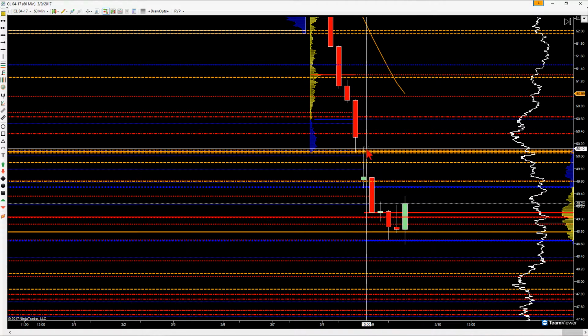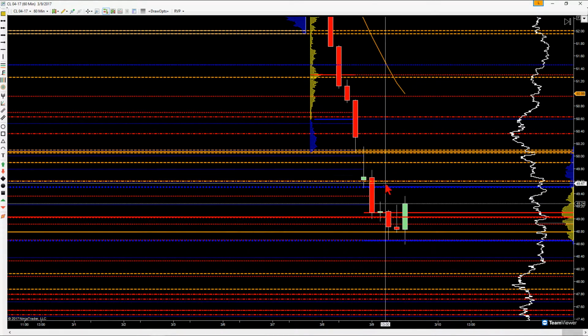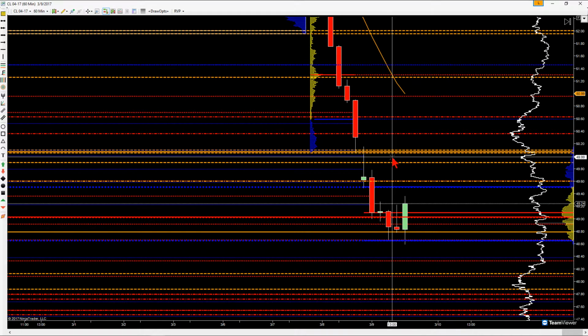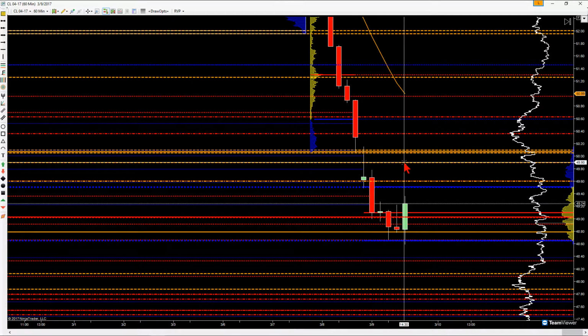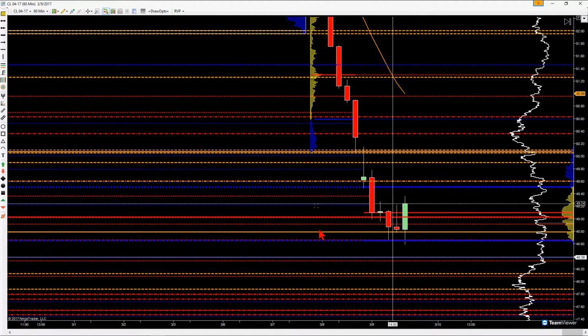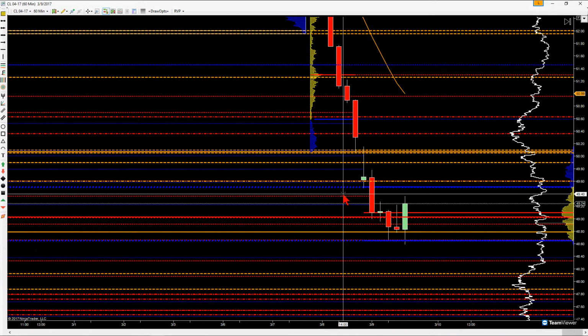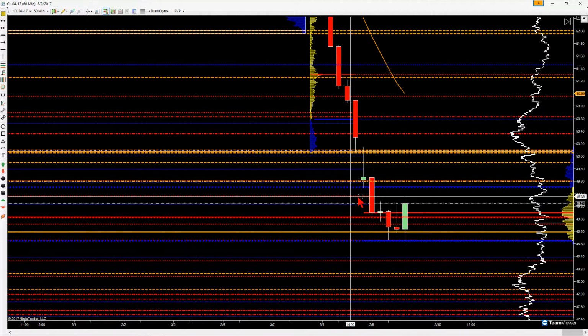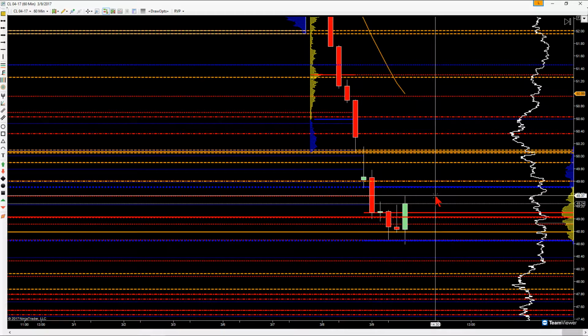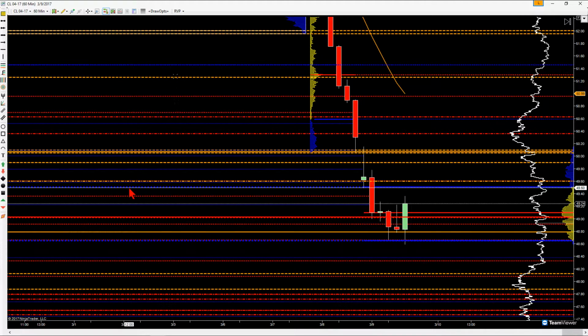We opened, we pushed through a couple of these levels here, but they held this resistance quite nicely. So I'm going to leave those on there for now. Push down. Really didn't have another level to test. We had some former VPOCs here that we tested. We had this naked VPOC that is no longer naked. This should be drawn out.